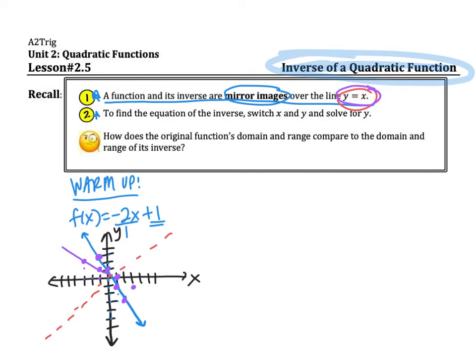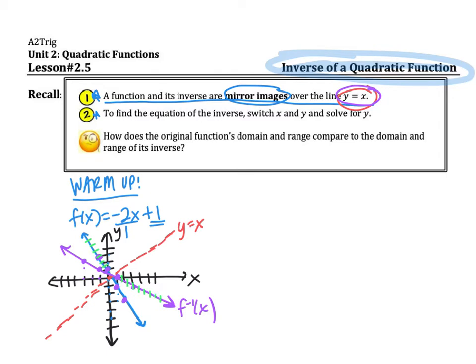and so I can see graphically this is my inverse, the purple function. Excuse me. So this purple function is reflected over the line y equals x. So the blue, so if I folded my paper, this blue part would fold on top of this purple part, right?